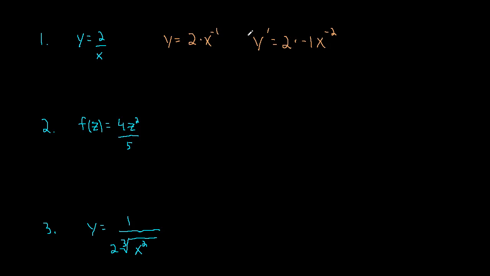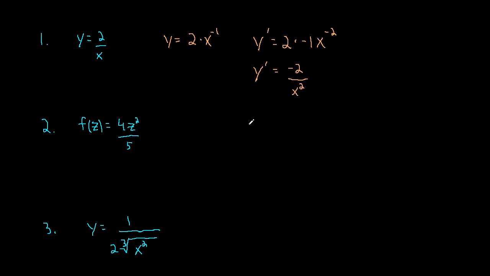Sometimes people, when this is a negative number, they forget what they're dealing with and they go the wrong way here. Just don't forget that you're always decreasing the power by 1. Okay, let's just simplify and we get y prime is equal to negative 2 x to the negative 2. Bring x back downstairs and we get negative 2 over x squared.